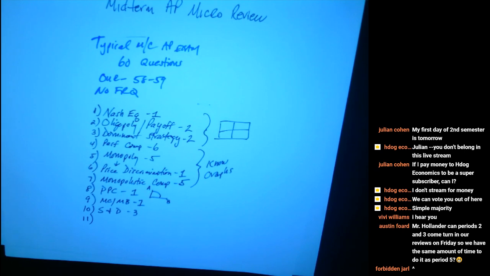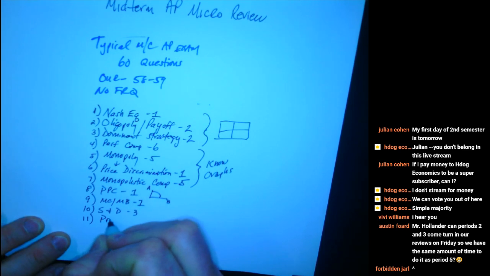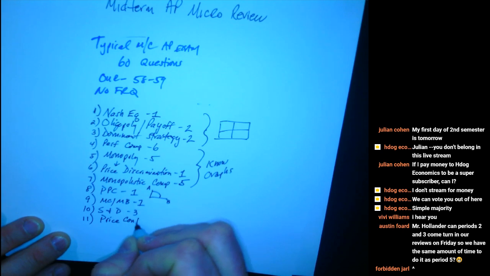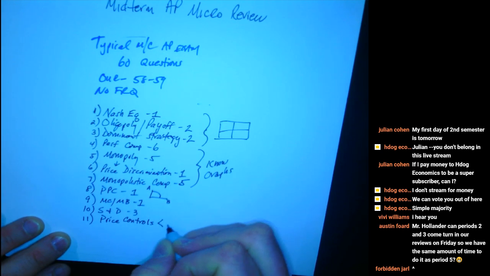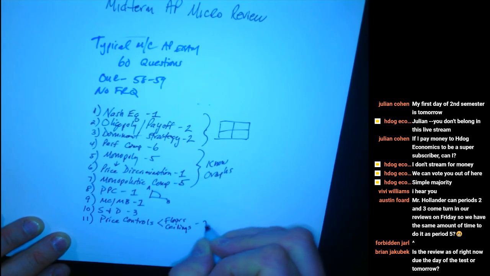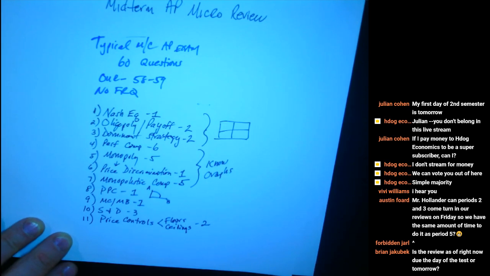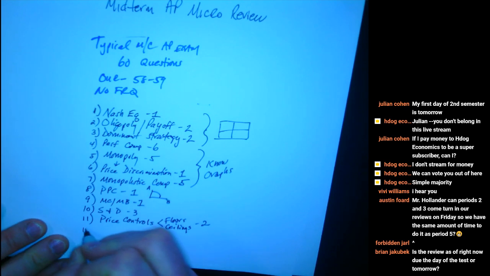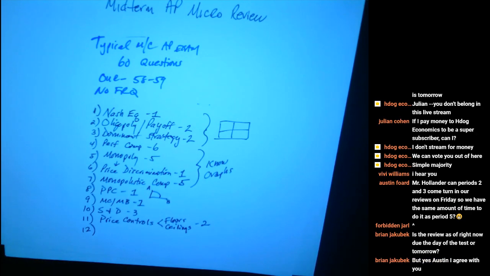Number 11, let's see what else. Definitely know price controls, floors and ceilings. There are 2 questions regarding that. Price controls, we got that.